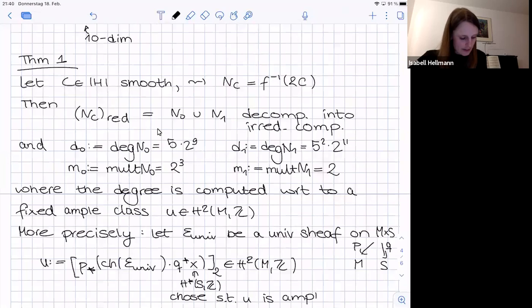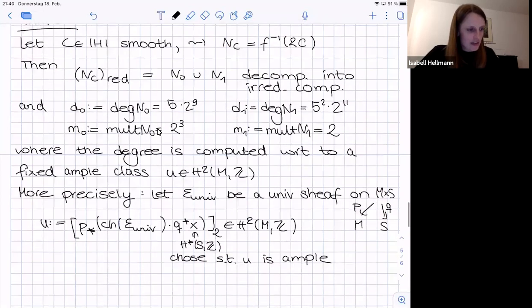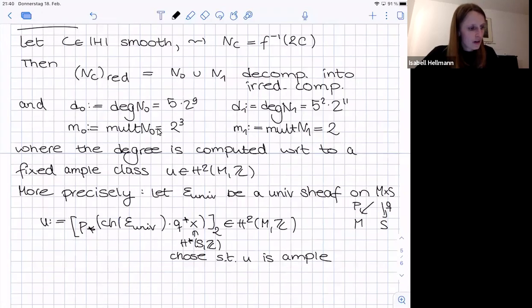And because I have quite a good understanding of the cohomology of a hyperkähler manifold, I know what to take here to find an ample class. All right.